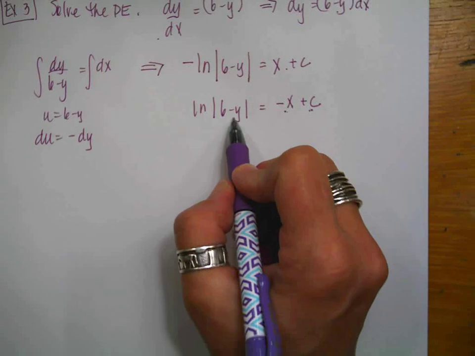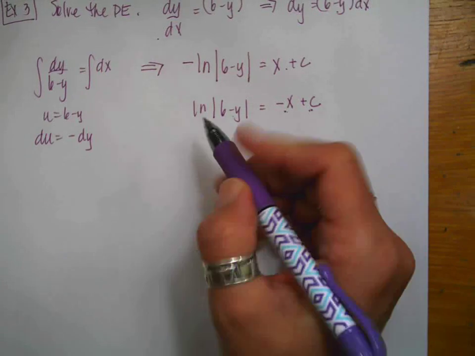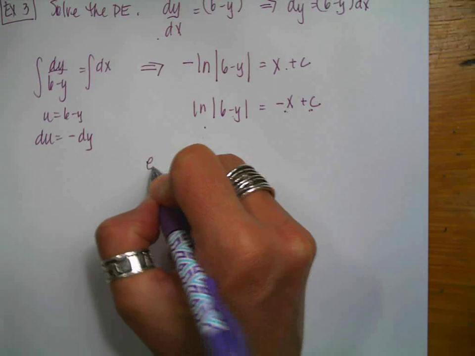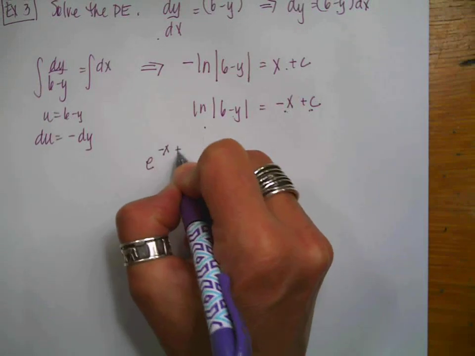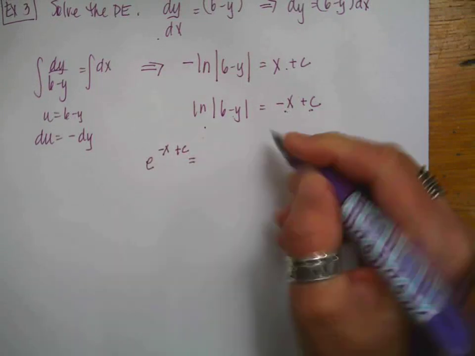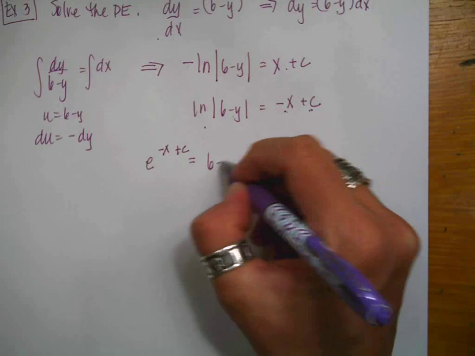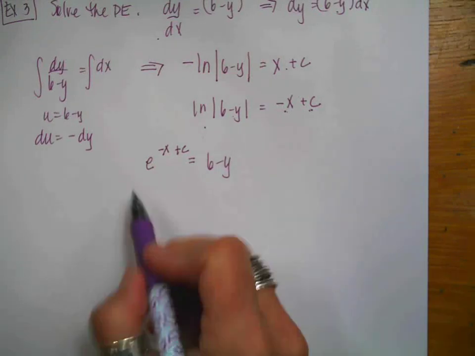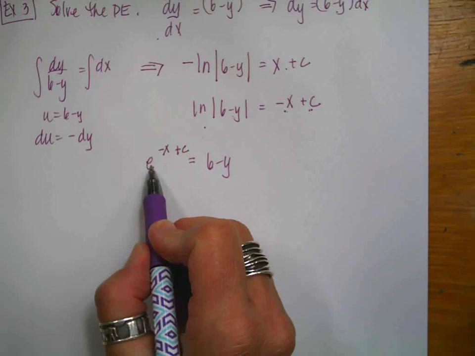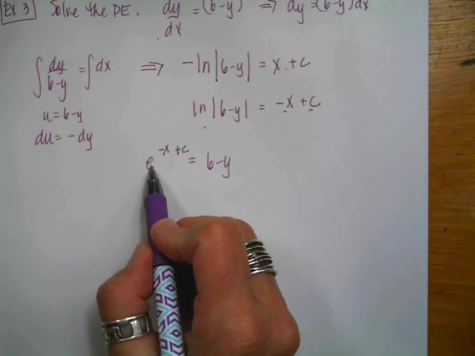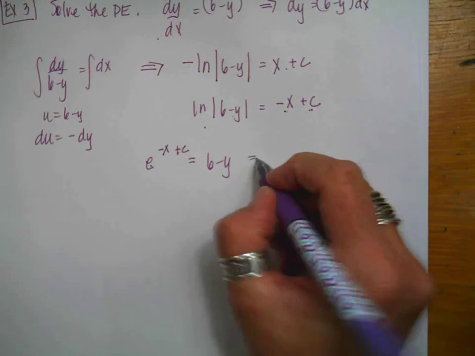So now what I need to do is still solve for y. I'm going to go back to exponent form. So e to the negative x plus c is going to equal 6 minus y. I'm going to show this step again. Eventually we'll get to the point where we can skip it.